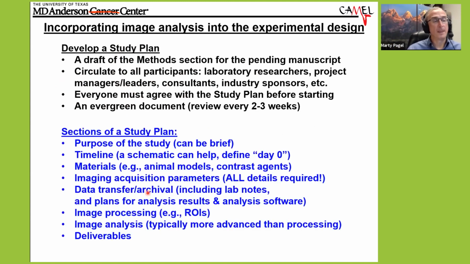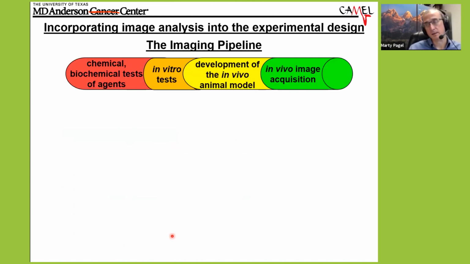And importantly, that includes data transfer and archival, the plans for the analysis, image processing, which I consider relatively routine, like drawing a region of interest on an image, maybe curating the data a little bit, and then more sophisticated image analysis, which could include such as a MATLAB calculation program. And then finally, your deliverables, the write-up of the results, I think is part of the analysis as well. And to further emphasize that those 4 parts should really be part of every study plan that you put together for biomedical imaging, in my opinion.